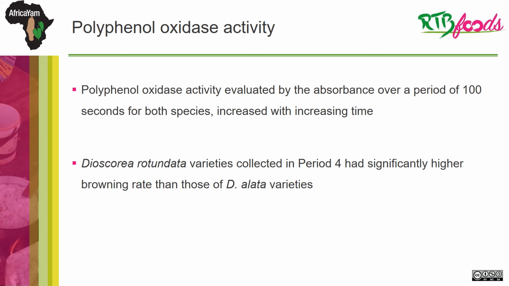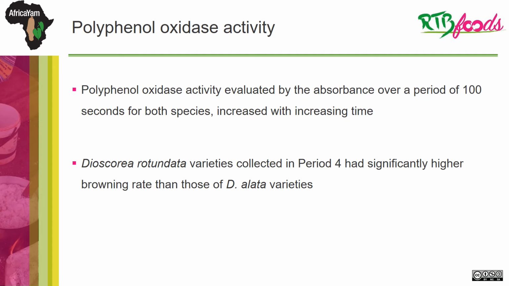We also determined the polyphenol oxidase activity to know which one has the highest activity. This can influence the browning rate of the yam varieties. So we determined the polyphenol oxidase activity by the absorbance over a period of 100 seconds for both species.